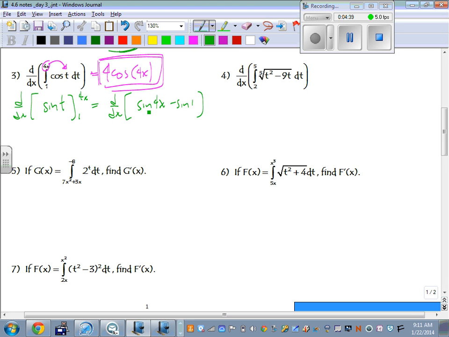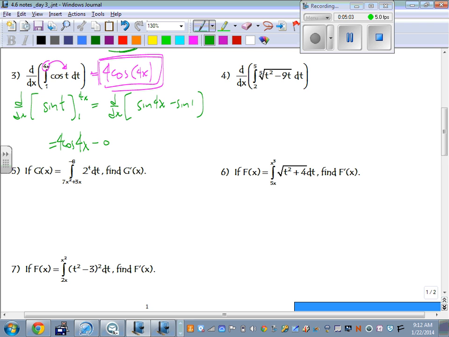So derivative of sine of 4x, derivative of sine is cosine, but then we have to multiply by the derivative of the 4x, which is 4. And derivative of sine of 1, that's a constant, so that's 0. So we can see we get the same thing. Shortcut saves us a lot of time.